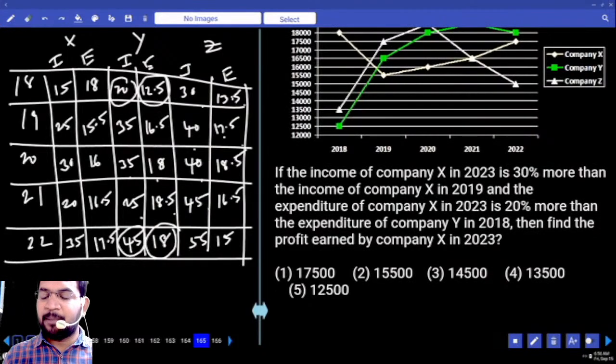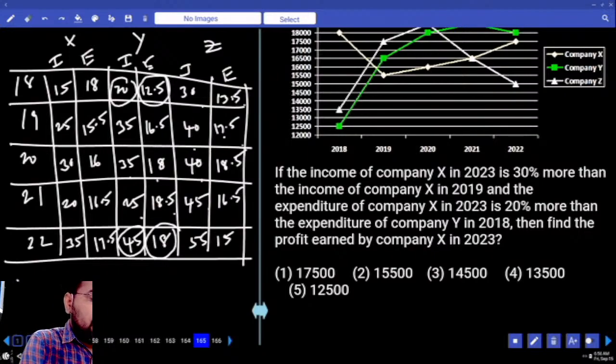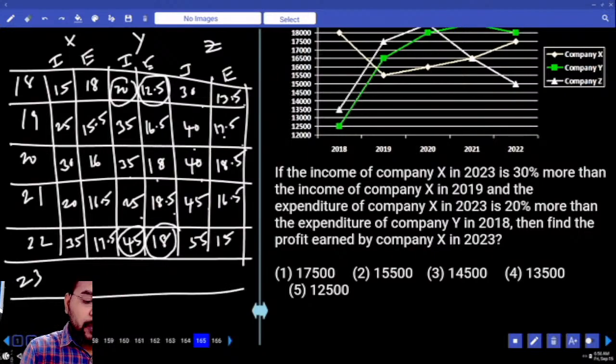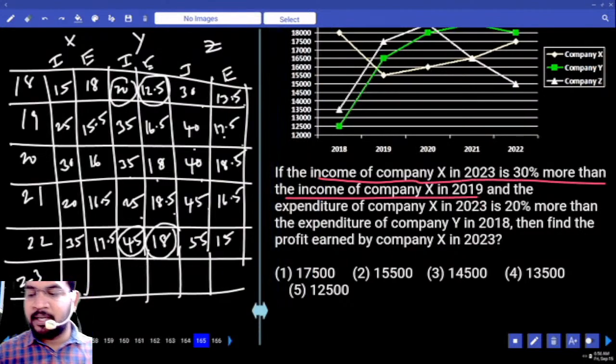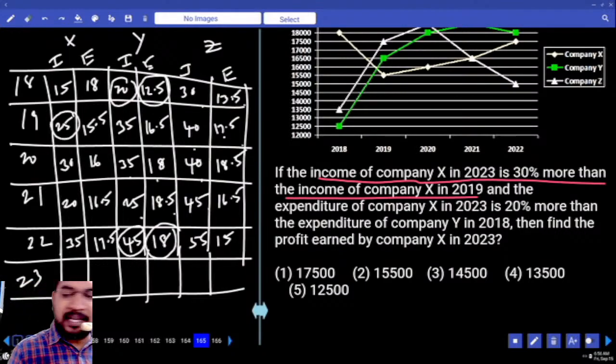If the income of company X in 2023 is compared with the other years, what is given? Income of company X in 2023 is 30% more than the income of company X in 2019. The 2019 income of company X is 25. 30% more is nothing but 7.5 more, which is 32.5.